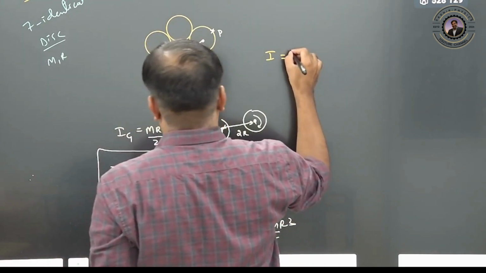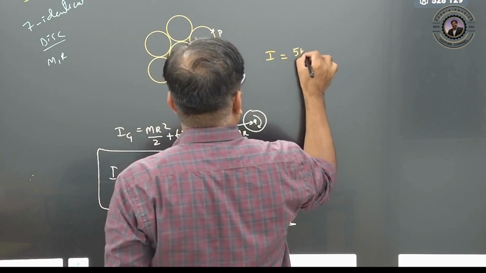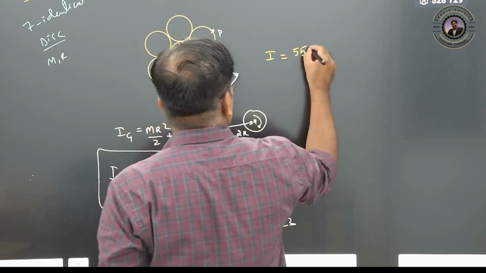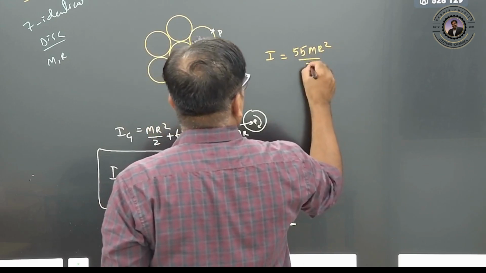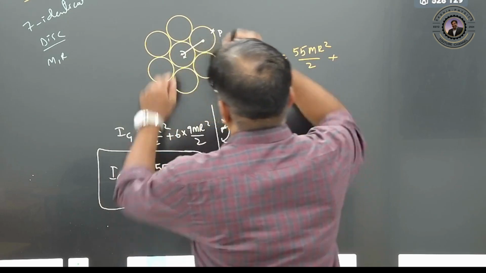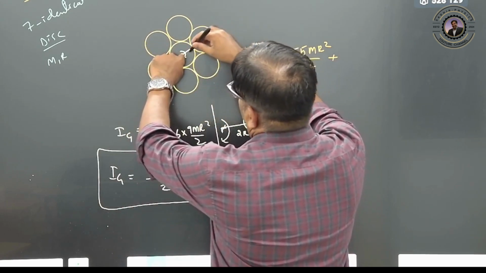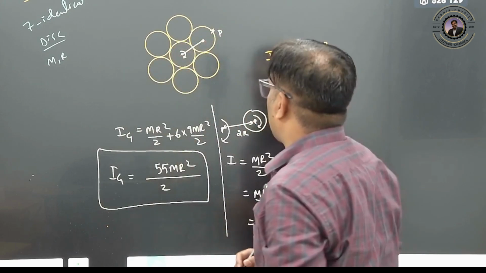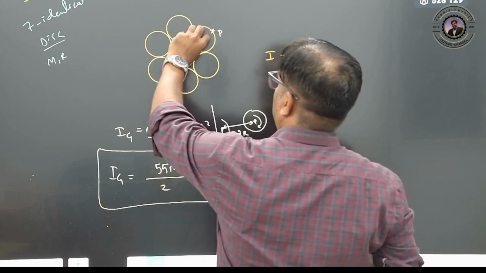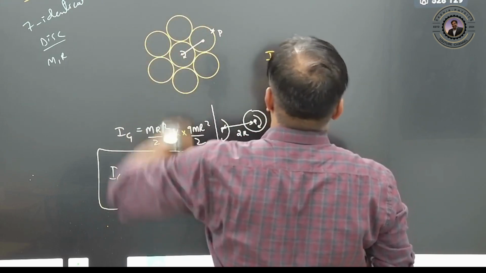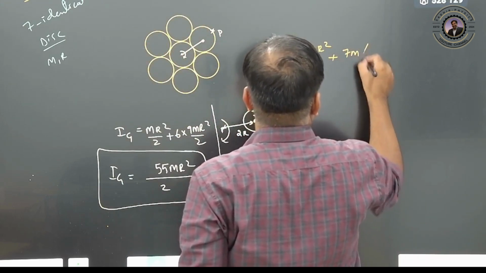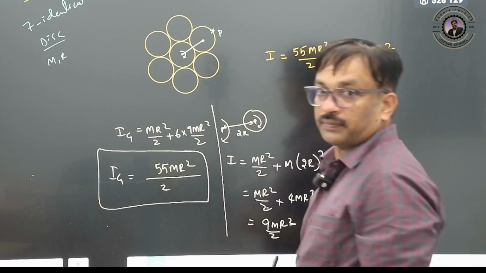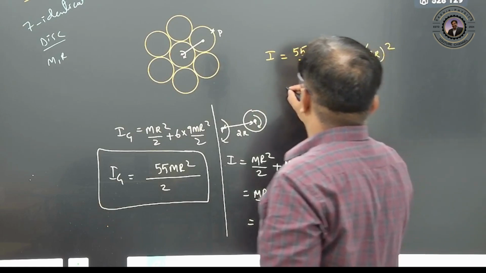Ig is 55 mr square by 2 plus, what is the distance here? This is r and r and r, totally 3r. What is the total mass of this system? Totally it will be 7m. Therefore 7m into 3r whole square. Clear?